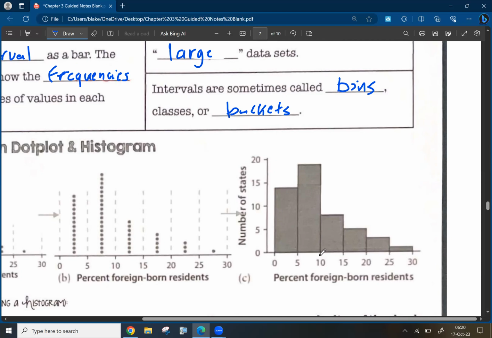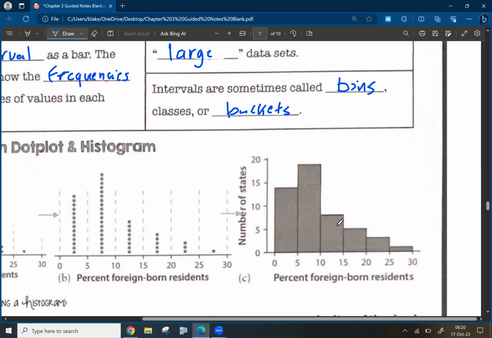There's no gap in the numbers because it's based off a number line. If you left a gap, that would mean you're excluding or leaving something out. So it's important that we don't leave any spaces, because otherwise our intervals aren't full. It's important that in histograms the bars are connected.